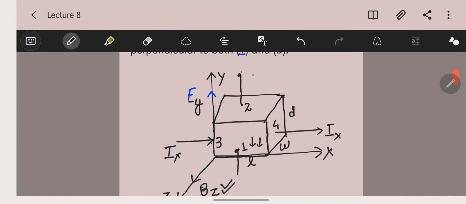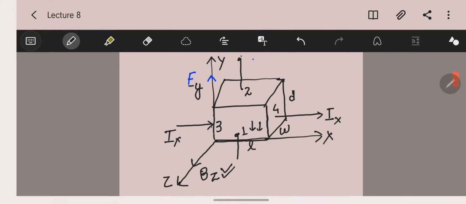With the above statement, here I have drawn a diagram. In that diagram you can see we have a specimen with dimensions L, the length of the specimen, W, the width of the specimen, and D, the thickness of the specimen.